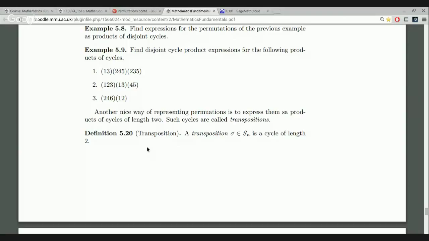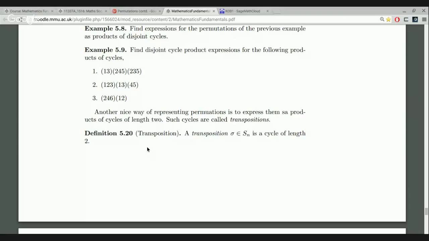6.5.7, maybe 5. Theorem is a bit of a grand term for it, for what it is, but any permutation can be expressed as a composition of permutations.